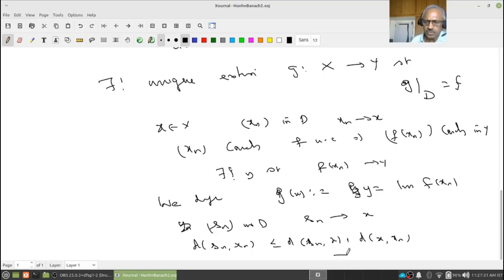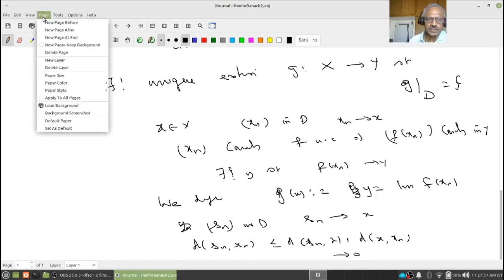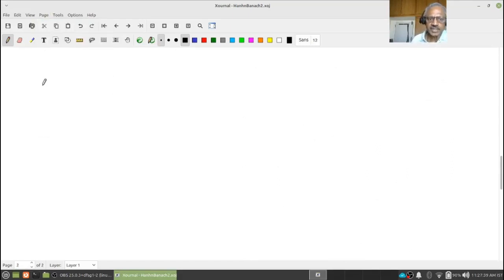Okay, so this goes to 0 because of convergence. Therefore the distance between xn and sn will be less than delta if n is sufficiently large, right? You understand that? Given delta, there is N so that the distance between xn and sn is less than delta for all n greater than or equal to capital N, right?